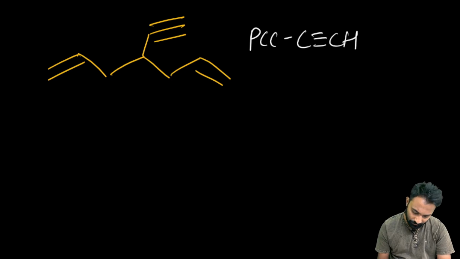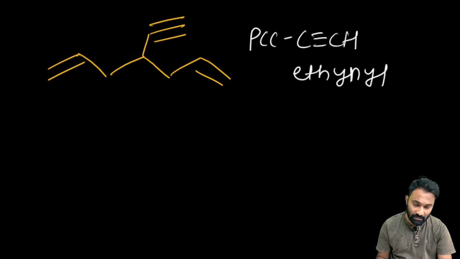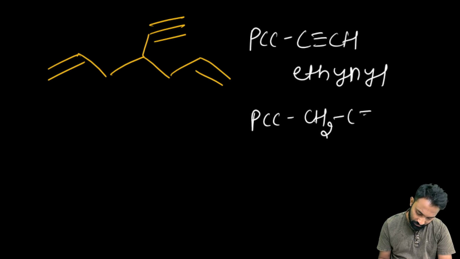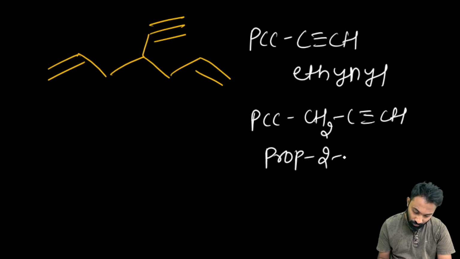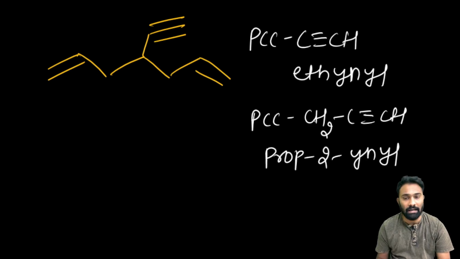Then it will become ethynyl. Similarly, C triple bond CH attached to CH2 will become prop-2-ynyl.